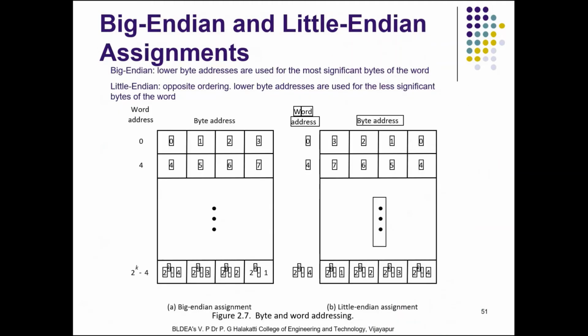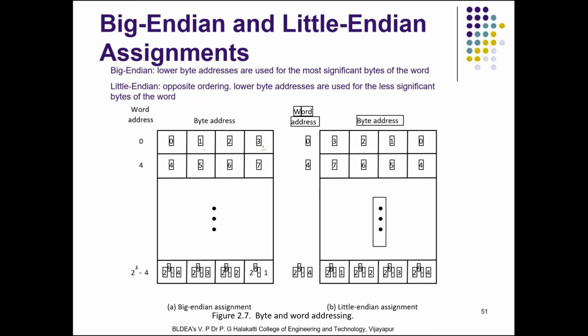So let's see how we are going to assign the addresses. There are 2 ways in which byte addresses are arranged, as shown in the figure. I can either start the addresses from left to right, like 0, 1, 2, 3, then 4, 5, 6, 7.